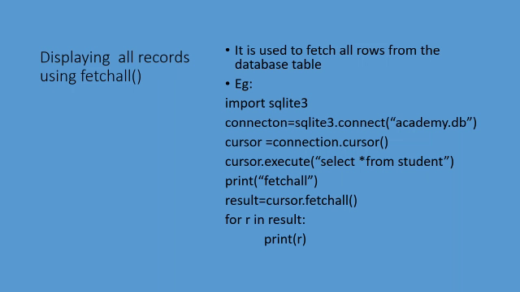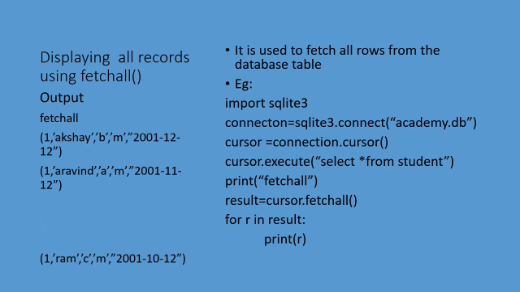Next, I am going to print one by one in result. So for r in result, print r. Whenever I take a record, it will be stored in r, then one by one it will be printed. Now see how the answer will be in this program. Very simple thing. For fetch all, first the message we have given will be printed. Next, however many records we have given will be printed.